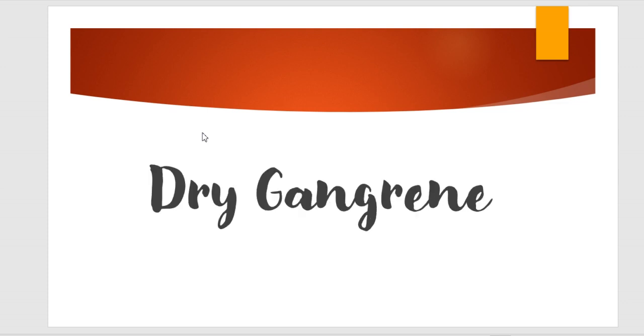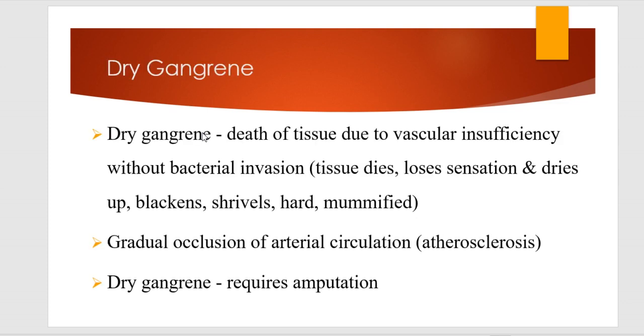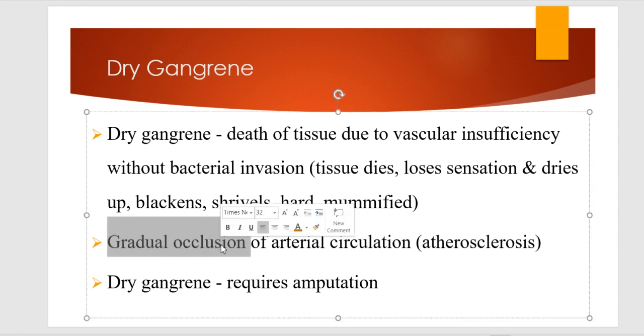And the next question is, what is dry gangrene? Dry gangrene and wet gangrene, the basic difference, just remember, in dry gangrene, there is gradual onset. There is gradual occlusion of arterial circulation. This is important in dry gangrene.